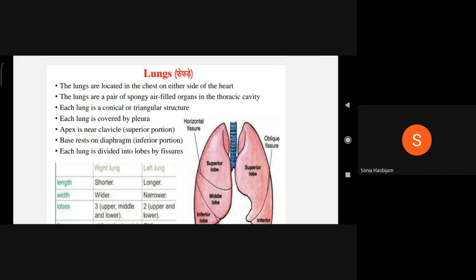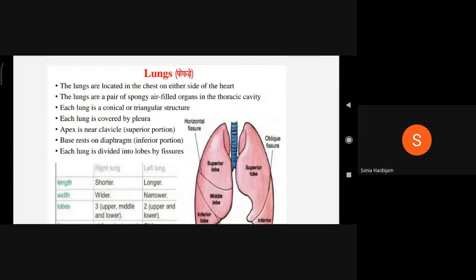The lungs are a pair of spongy air-filled organs in the thoracic cavity. So lungs are located in the thoracic cavity, either side of the heart, meaning both sides of the heart.